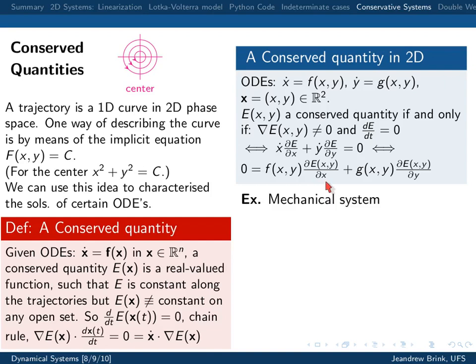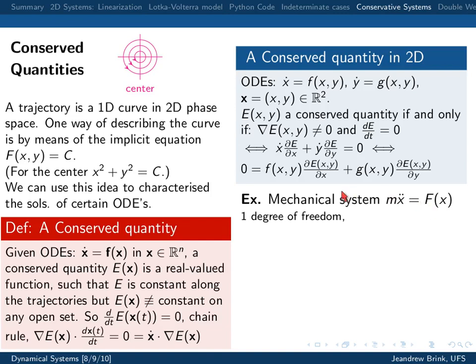Okay, so let's have a look at an example. The first example is a mechanical system, which we get a lot in physics. It's a function that has this type of expression: m times the second derivative of x is equal to f of x, where x is now just a scalar, or 1D function. And so we have 1 degree of freedom.